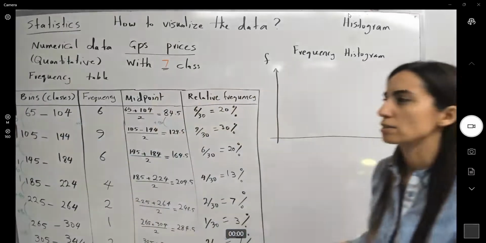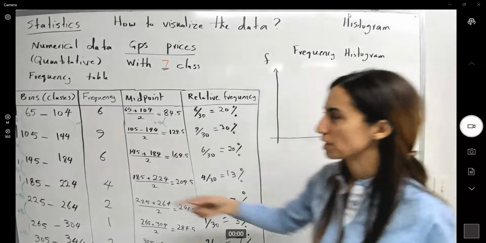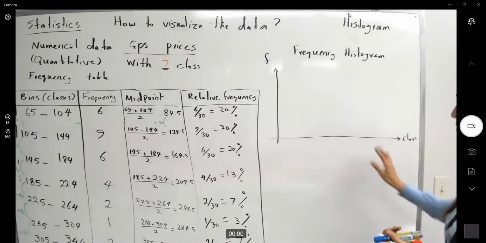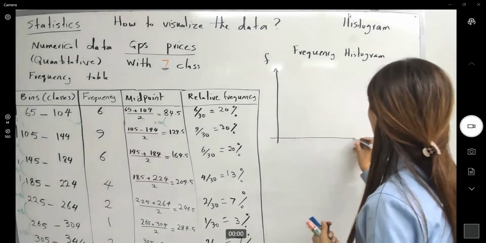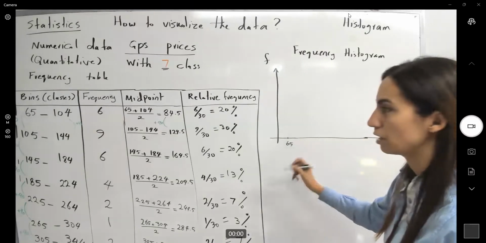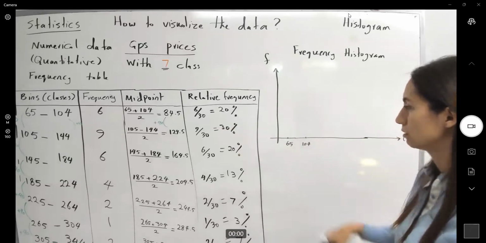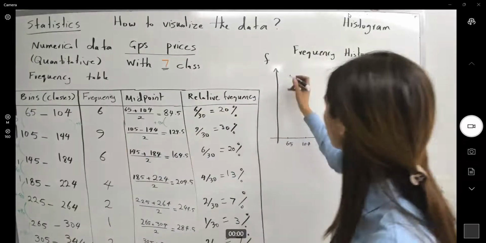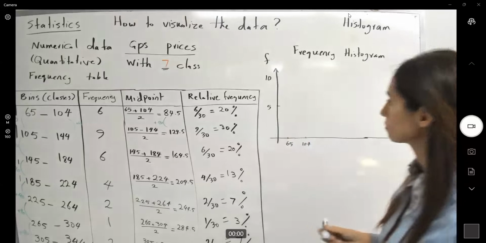So, well, you can say that my class starts at 65, then it stops at 104. Guys, pay attention a little bit here. So this is my 65, and then it stops at 104. Am I right? And on the vertical line, the maximum number is 9. So let's put this as frequency 10. Then you have 5.